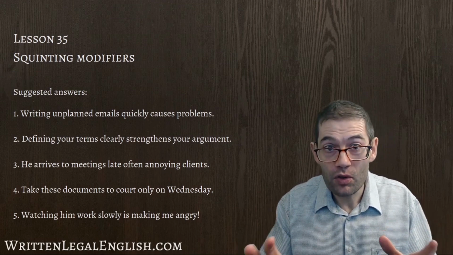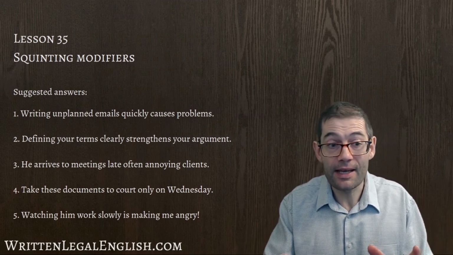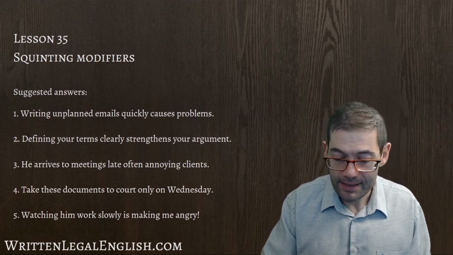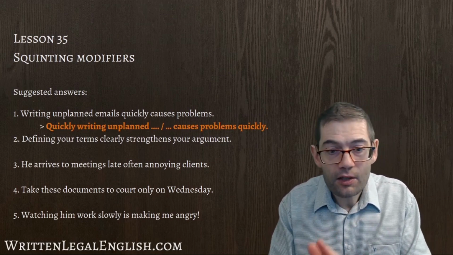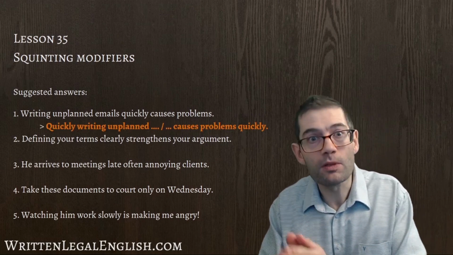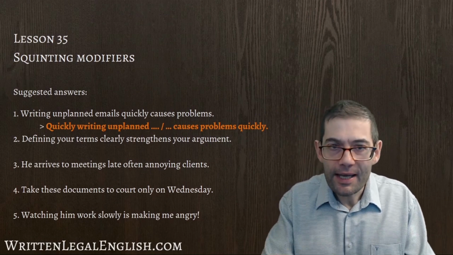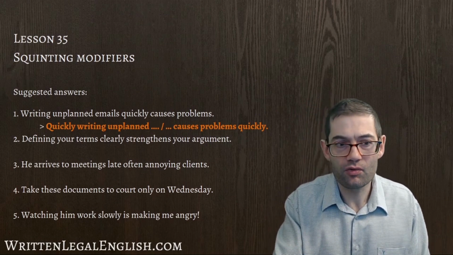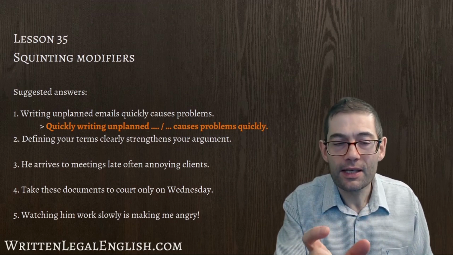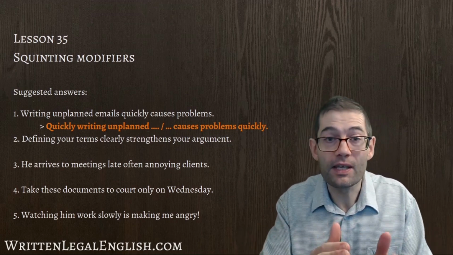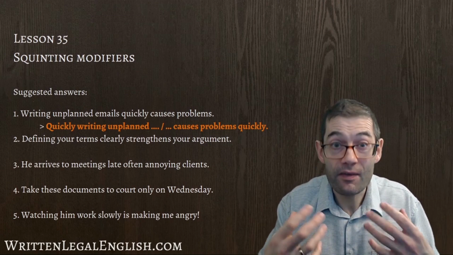So there are two things that we could understand here as being done quickly. That is to say, either writing quickly or causing problems quickly. And here it's really important to identify structure. On both sides of the squinting modifier, we have a verb structure.